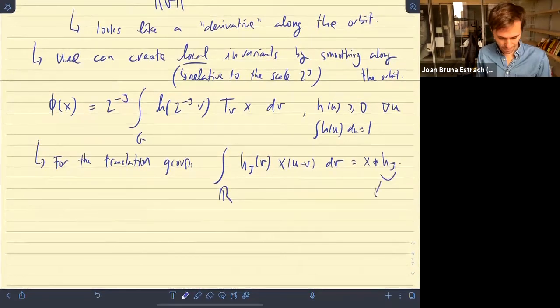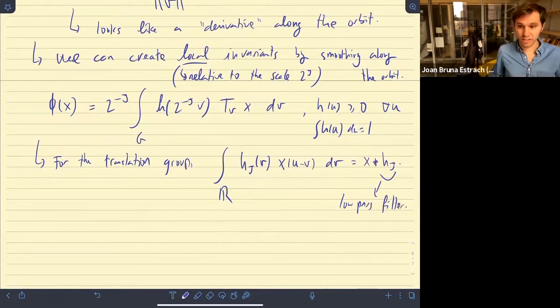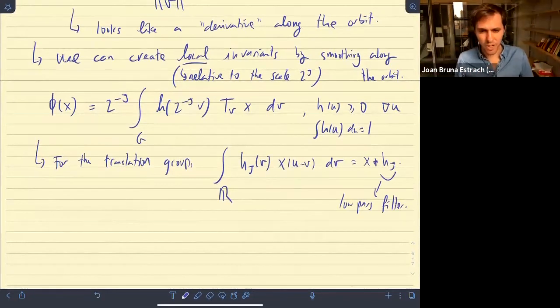And this is a low-pass filter. Of course, if I change the scale, if I make J very, very large, I converge to the total invariant, right? But if I fix J, I can just see it as some kind of low-pass filter.